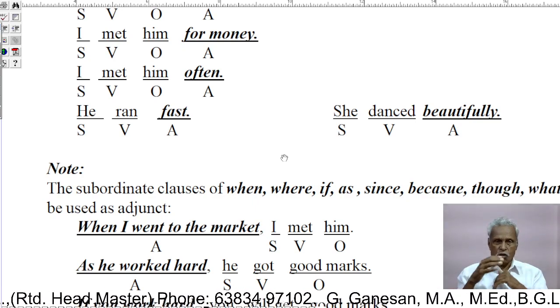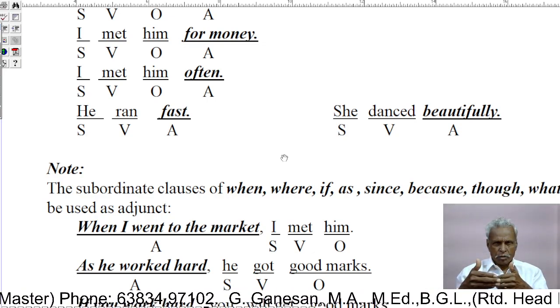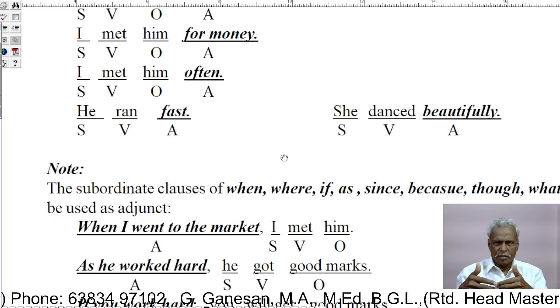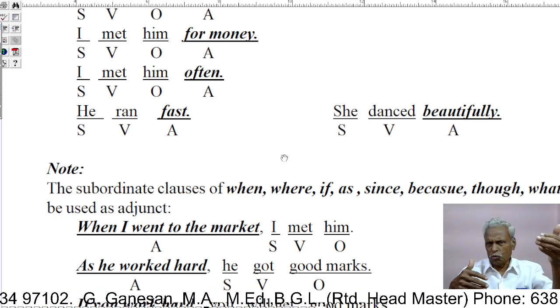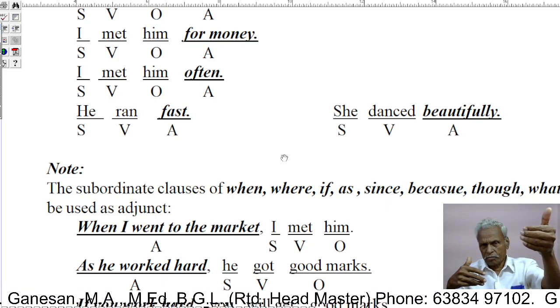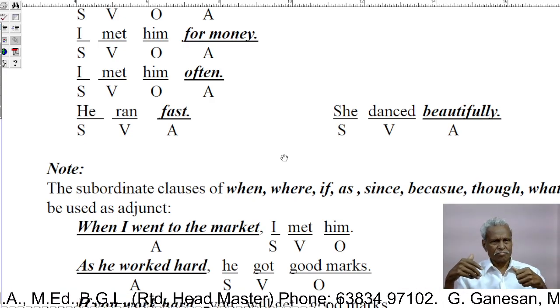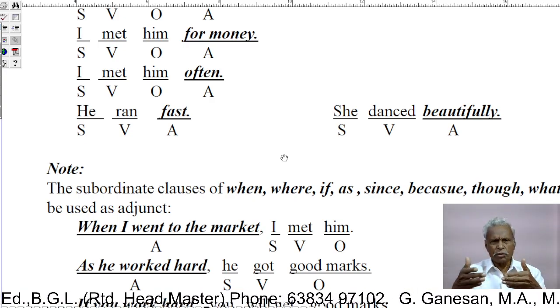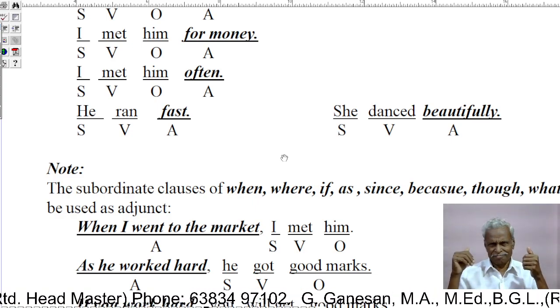He ran fast. Here, fast is an adverb, it qualifies the verb. How did he run? He ran fast. So it is the manner. It refers to the manner of the action.